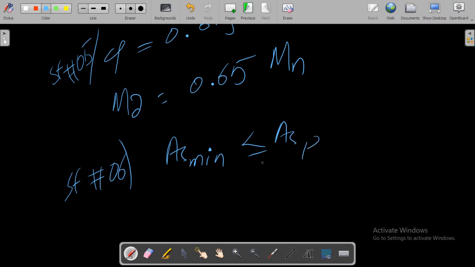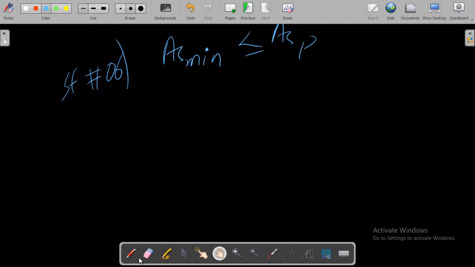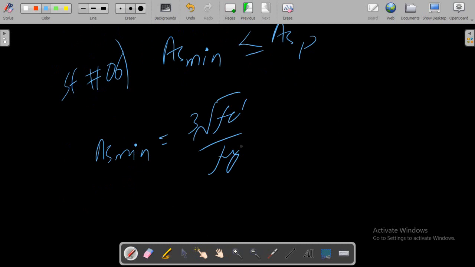As minimum, we all know, will be calculated. I have already derived this equation: for fy less than or equal to 200 divided by fy. So this is the check which we will use in the coming examples. So we will check As minimum.